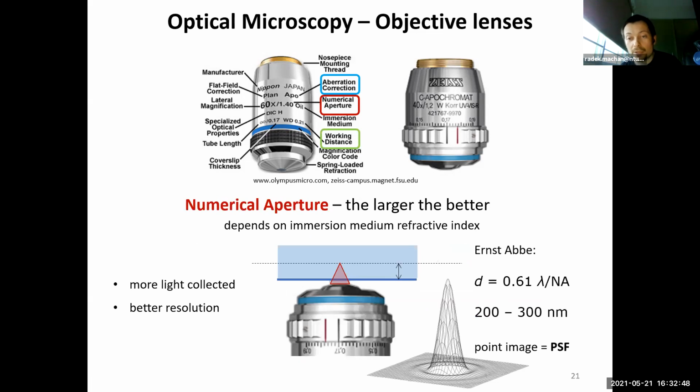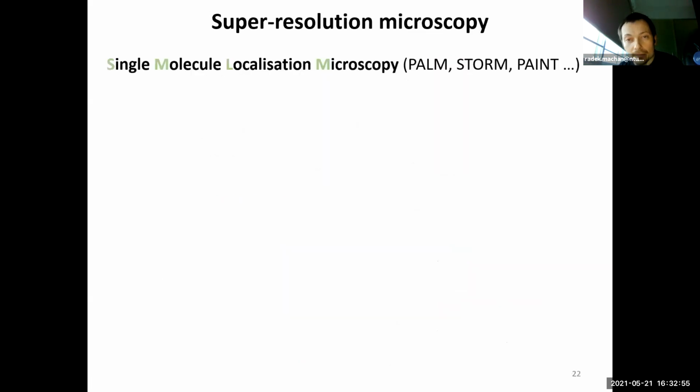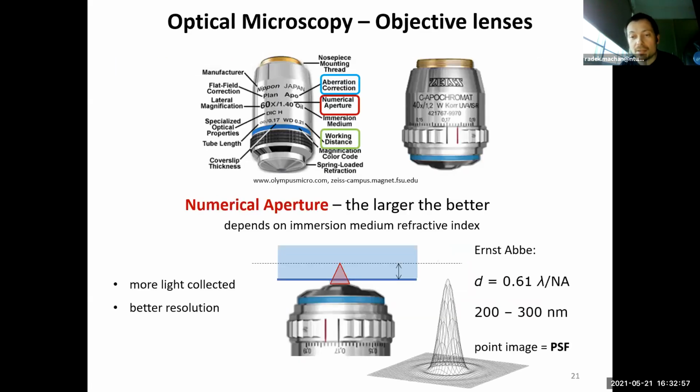Back to numerical aperture and to the question of resolution in optical microscopy. As we said, it's limited to something like 200, 300 nanometers. This works for the standard microscopy, the situation which was studied by Abbe when he derived the resolution criterion.